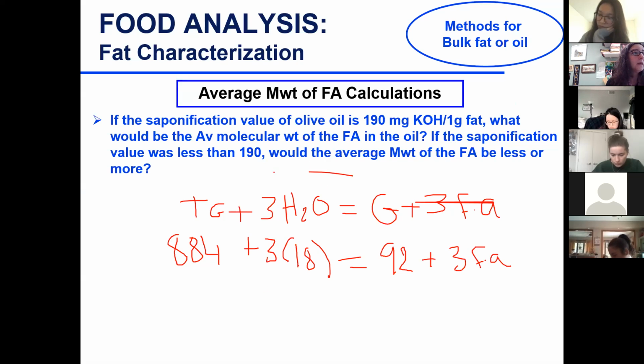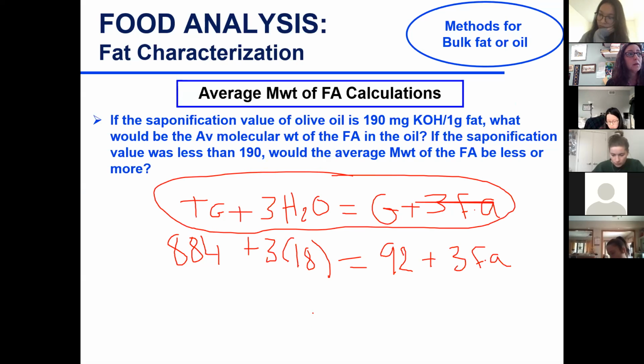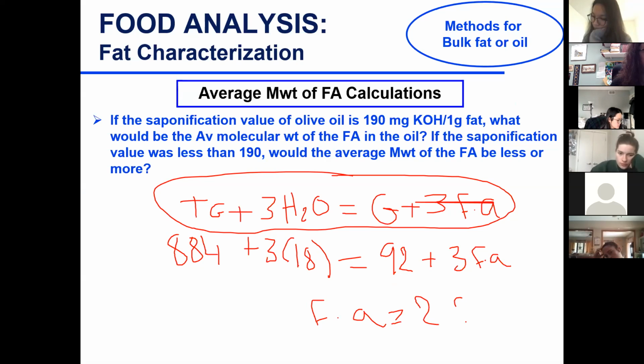This is essential to remember, right? Once you remember this, then I'll give you the given. I'll give you this 18, I give you 92, and you have that from the other equation that you just solved. Then you can determine the 3 fatty acids. And basically, 1 fatty acid, when you do the math, would be 282.